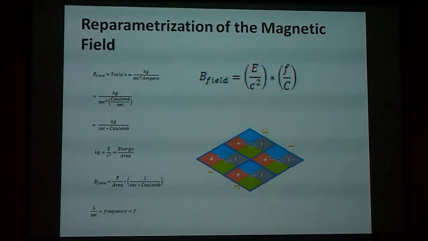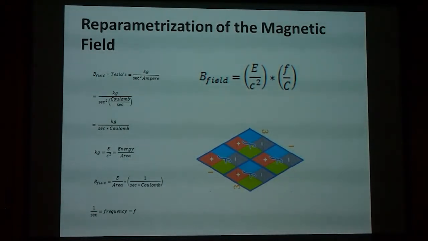We get a planar energy density multiplied by a ratio of frequency per coulomb. So this is kind of strange, and it doesn't necessarily mean a whole lot to us, other than the idea that this frequency per coulomb is actually going to be a constant ratio no matter how much energy we have, because we always have this condition where one F is equal to one positive component and one negative component.